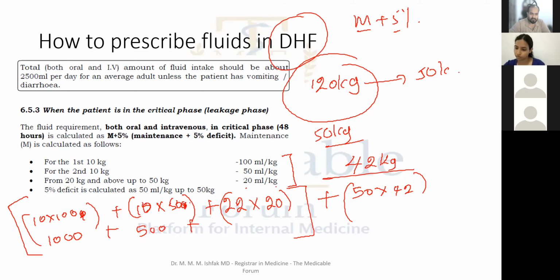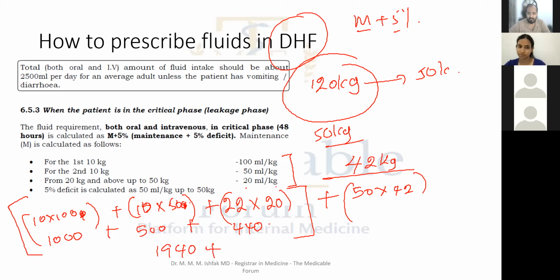So 22, 220, 440, right? So 1500, 1900, 1940. Just correct me if I'm wrong. I hate calculating stuff, I'm addicted to the calculator.